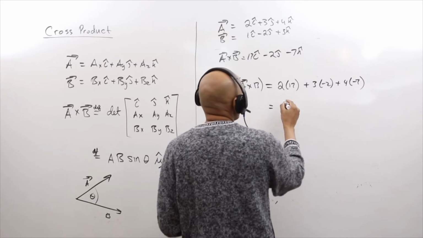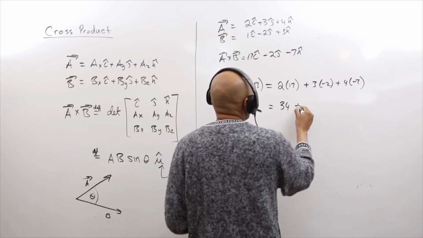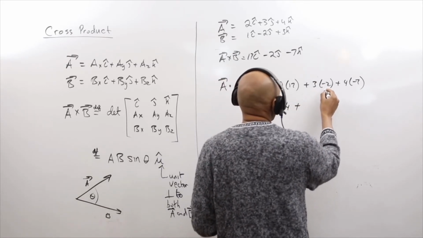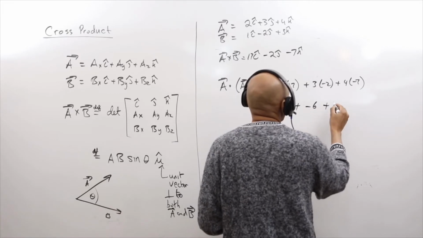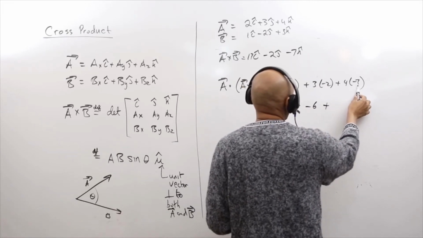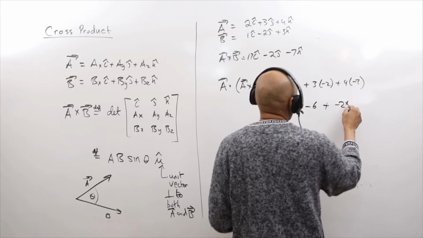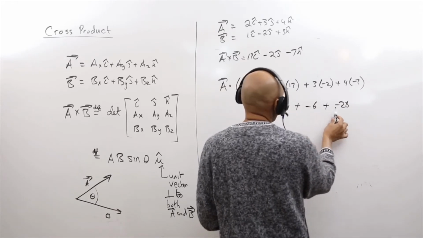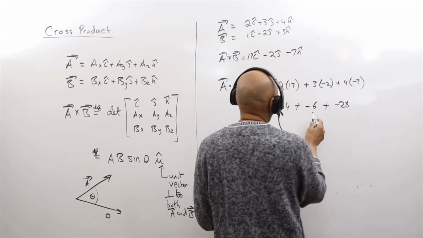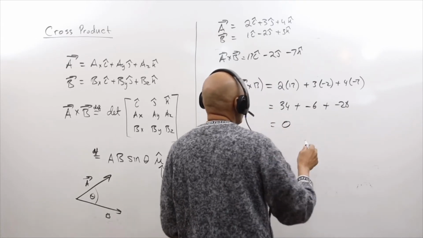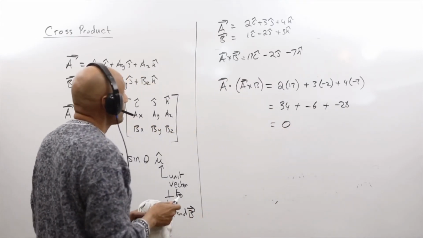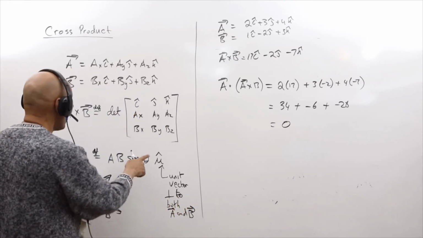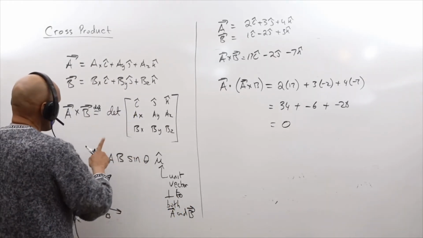So 2 times 17 is 34, plus 3 times negative 2 is negative 6, and 4 times negative 7 is negative 28. Negative 28 plus negative 6 plus 34 is 0. They all cancel.